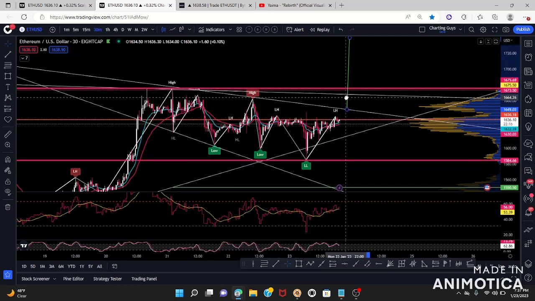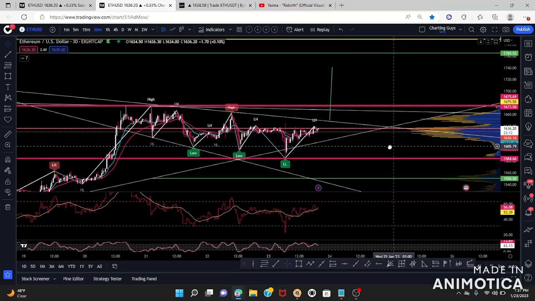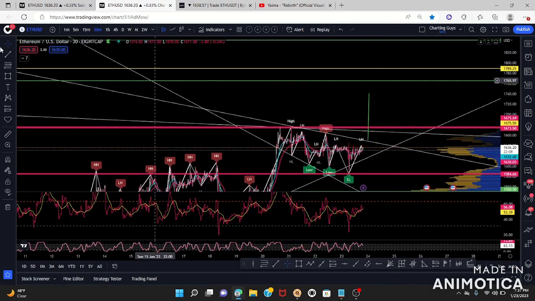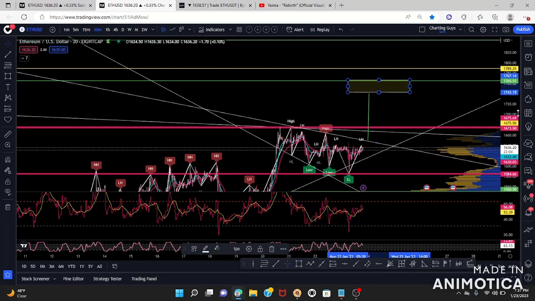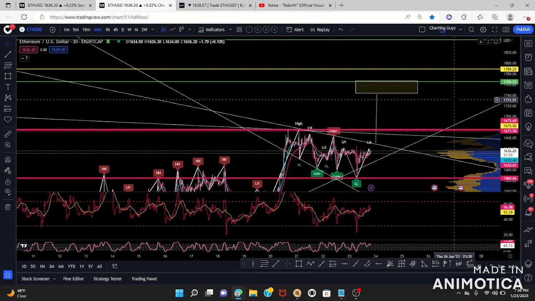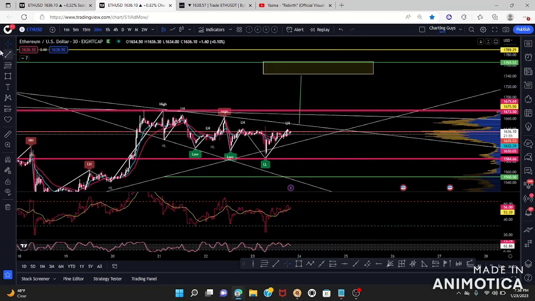And then we just carry it to the top of this descending. And it's close to our daily target. I mean, they're off by what, $20 or so. So this would be my target here.